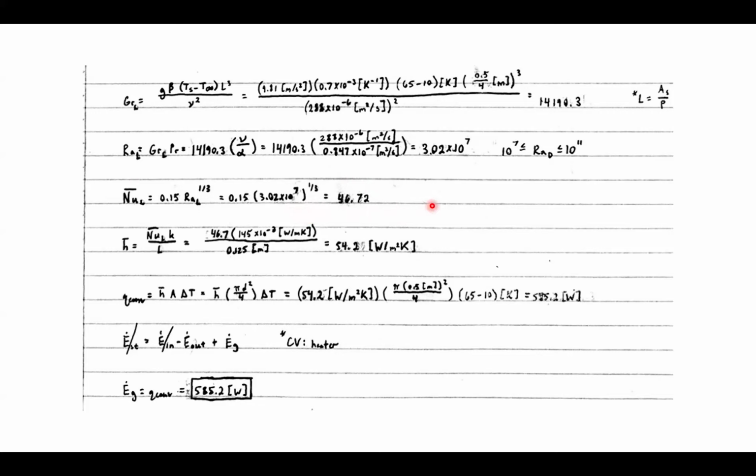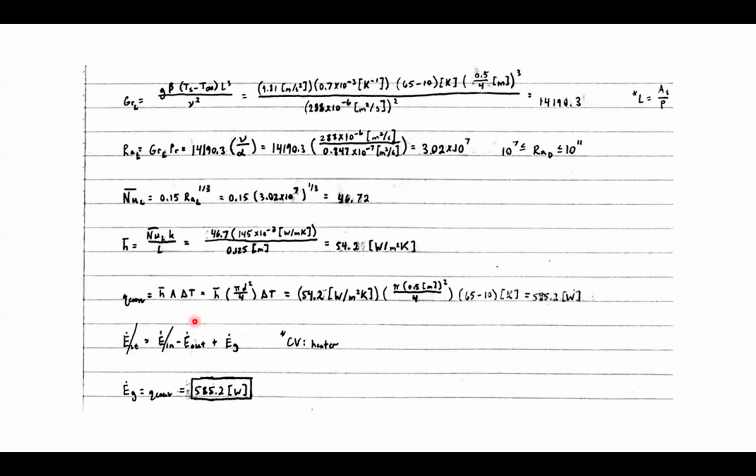So once we have the Nusselt number, we can calculate the average convection coefficient. So I'm getting 54.2. This does match the solution guide. And then calculating the total heat transfer rate due to convection, we get a heat transfer rate of 585.2 watts.